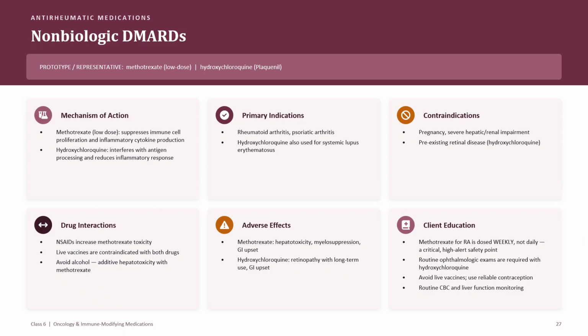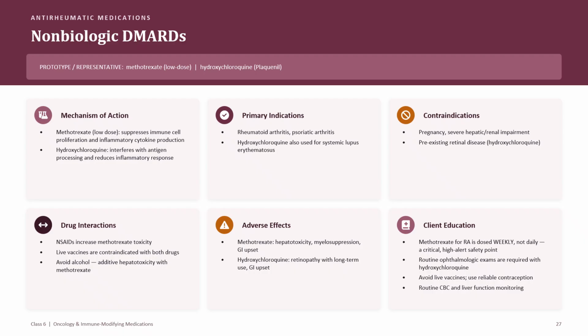So it's attacking its own healthy tissues as if it were a threat. This is broken into two classifications of disease modifying anti-rheumatic drugs. You have non-biologic and you have biologic disease modifying anti-rheumatic drugs, or DMARDs.